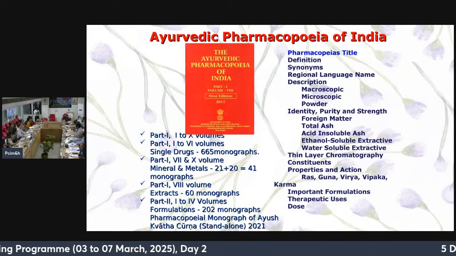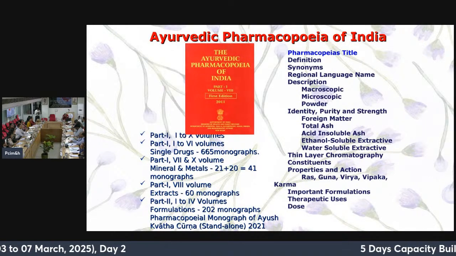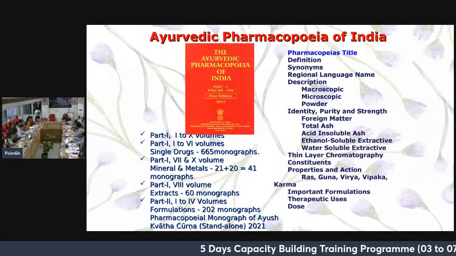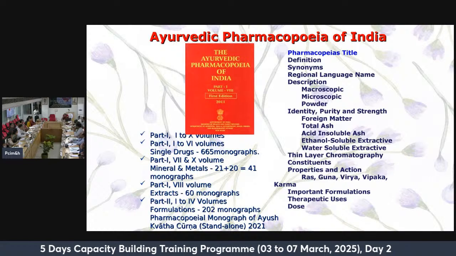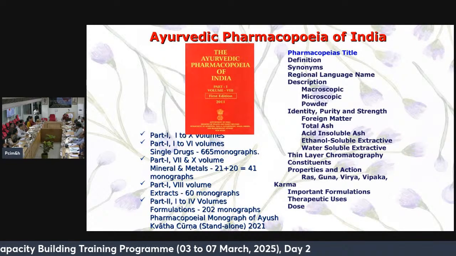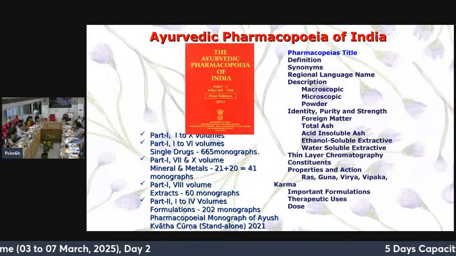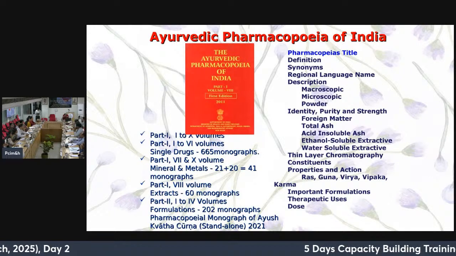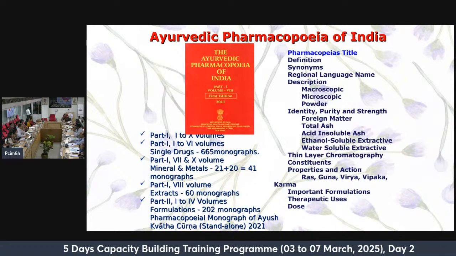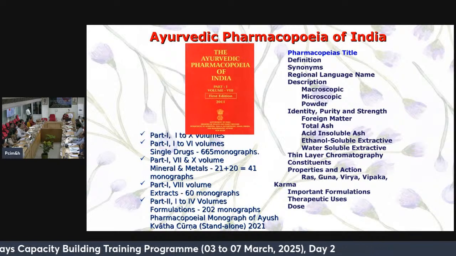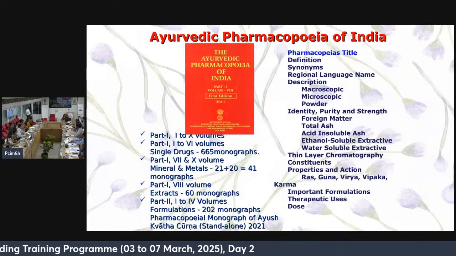This is under the definition, and then the synonyms, the other names of the material, and regional language names, 16 to 18 regional names given in our pharmacopoeia. In the structure, three parameters, macro, micro and powder, come under this. Next, for identity, purity and strength, there are four parameters: foreign matter, total ash, acid-insoluble ash, and alcohol- or water-soluble extractives, given in this, along with thin layer chromatography and constituents.